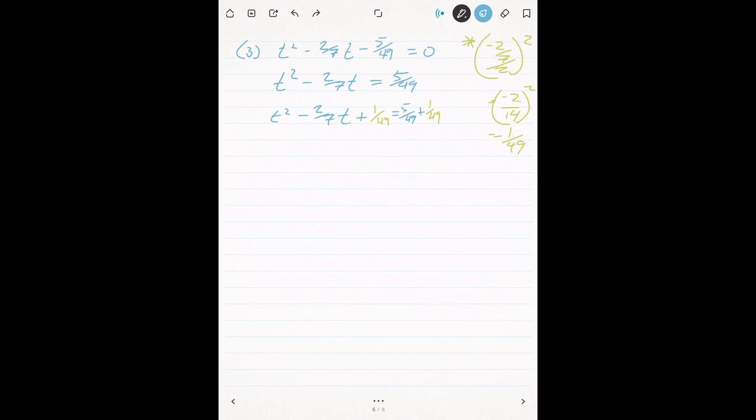Well, that's just the same as negative 2/7 times a half. So that's negative 2 over 14. And when I square that, the simplified fraction that I got was positive 1 over 49. So I've gone and added that to both sides. Hopefully you got these values. If not, adjust some of your work, and then let's continue solving the problem from here. So pause the video and keep trying to factor the problem down from here.